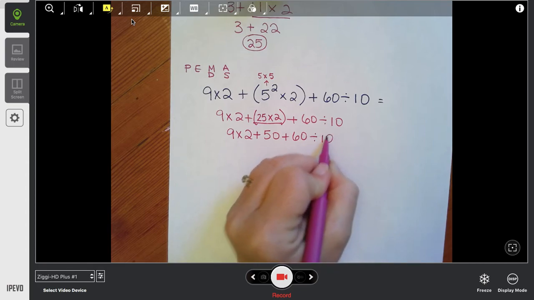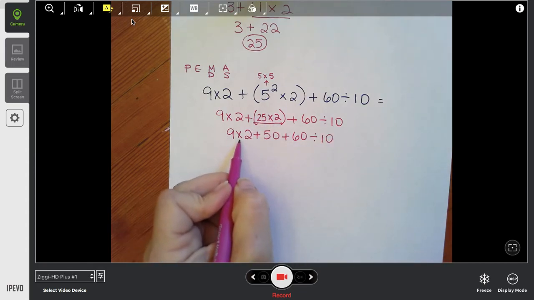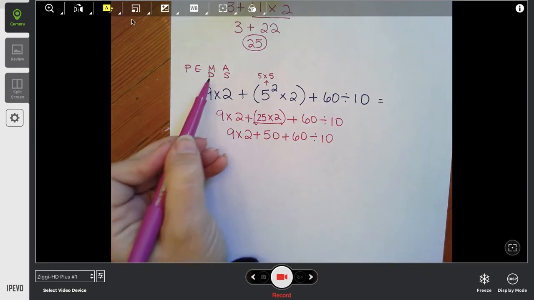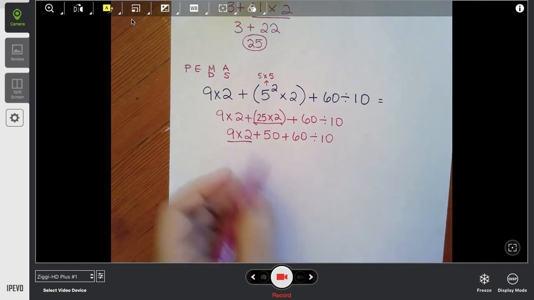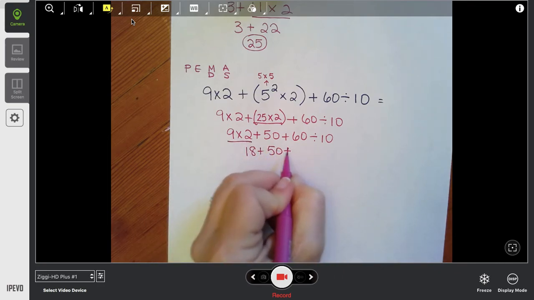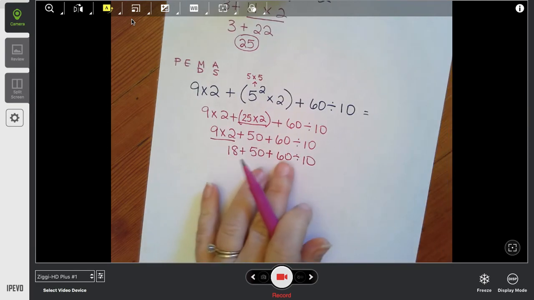Once I have one value for inside the parentheses, I can get rid of them. Now we have multiply, plus, and divide. We always multiply and divide left to right. So my first is 9 times 2. So I have 18, and everything else stays the same. Now I'm down to adding and division.